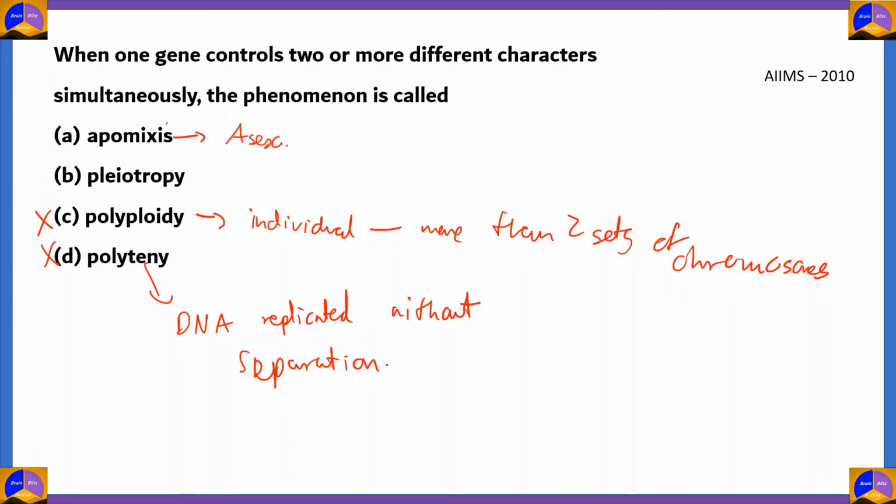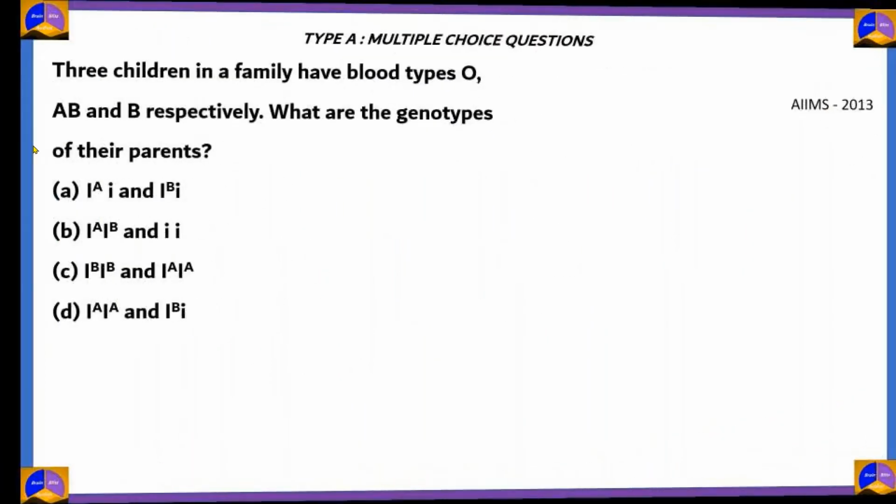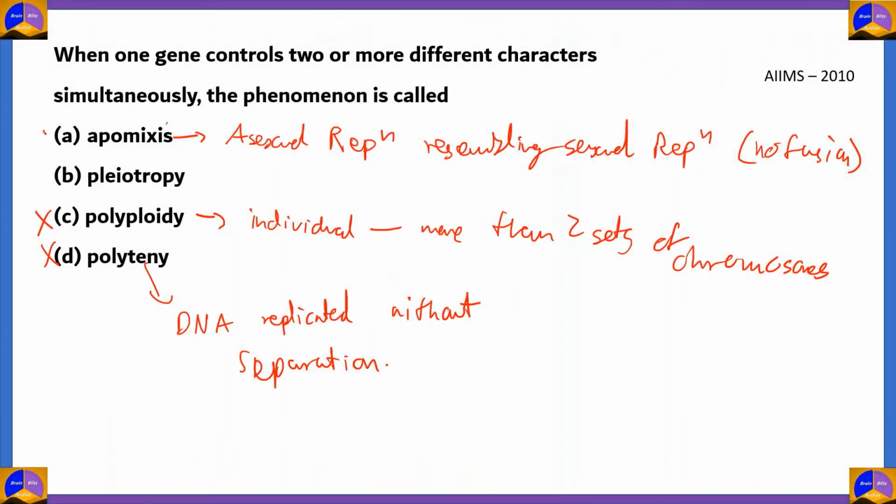So this is asexual reproduction resembling sexual reproduction. In this case, no fusion takes place. So again, apomixis is the incorrect option. The right answer is option B, pleiotropy. Because pleiotropy is where one gene controls two or more different characters.